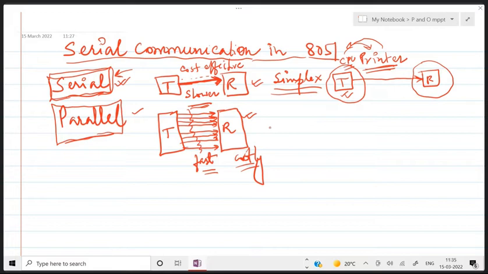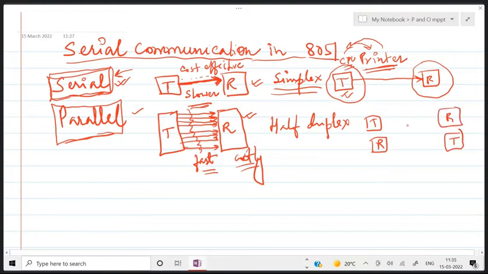Then another one is called half duplex. Here we have a transmitter and receiver at both ends, and there is only one channel. This end could act as a transmitter or as a receiver, but it cannot act as both simultaneously.